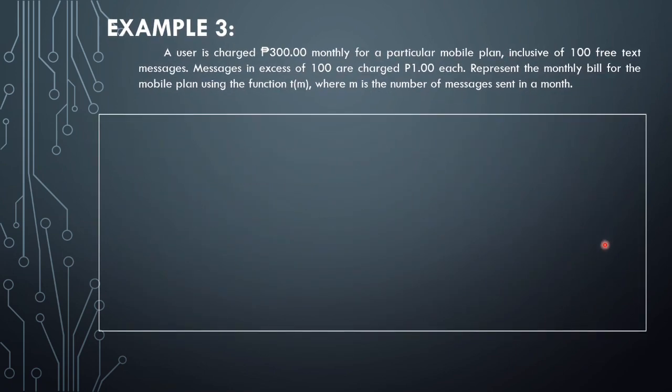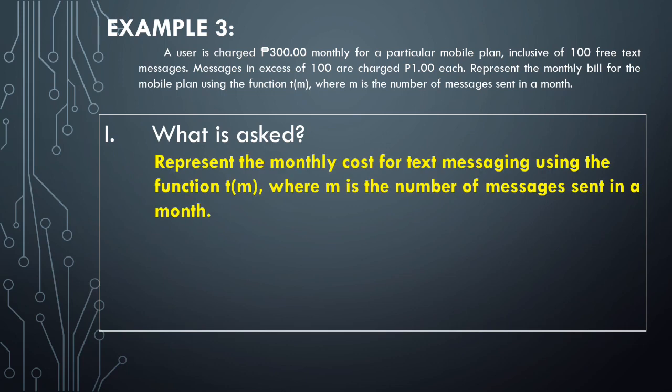Okay, the solution. What is asked? Of course, we are going to represent the monthly cost for text messaging using the function T of M, where M is the number of messages sent in a month. Second, what is given?